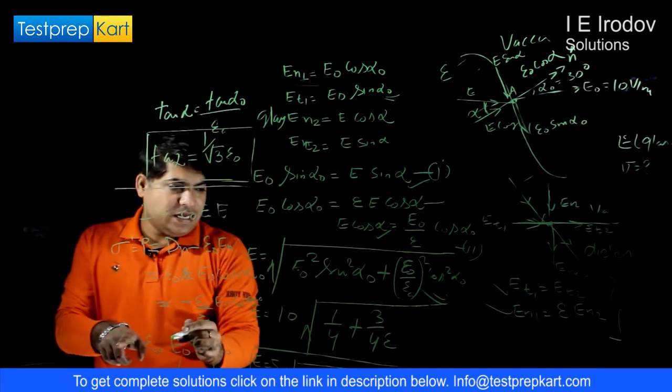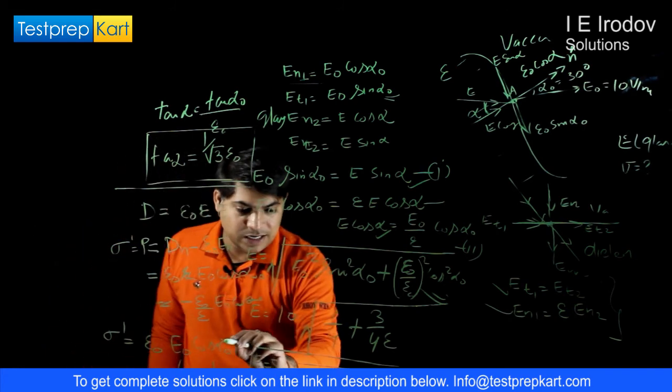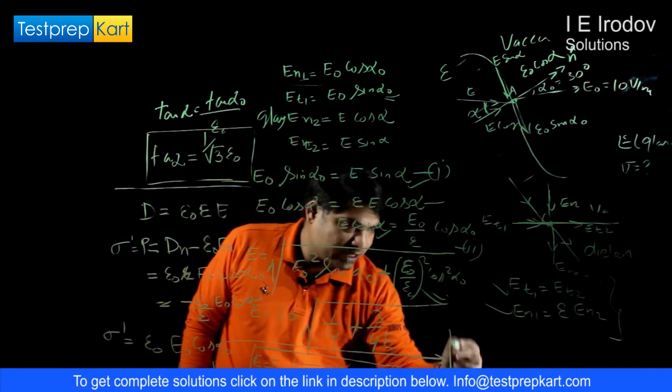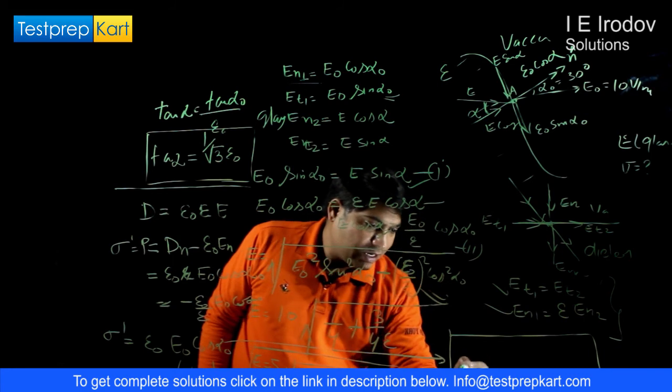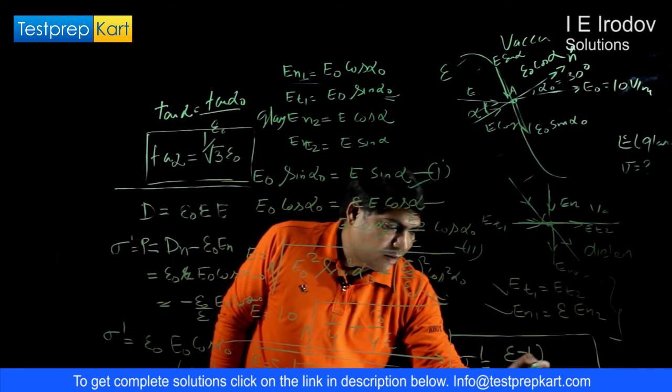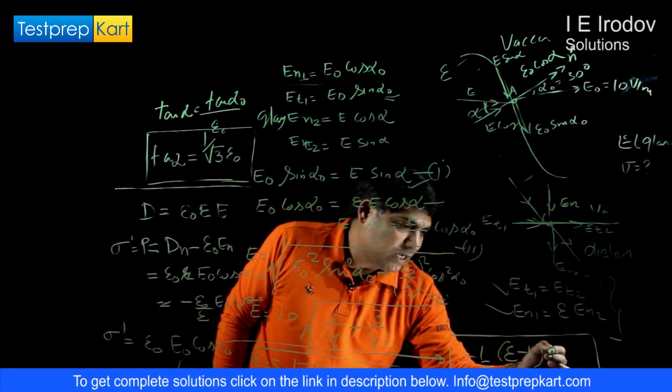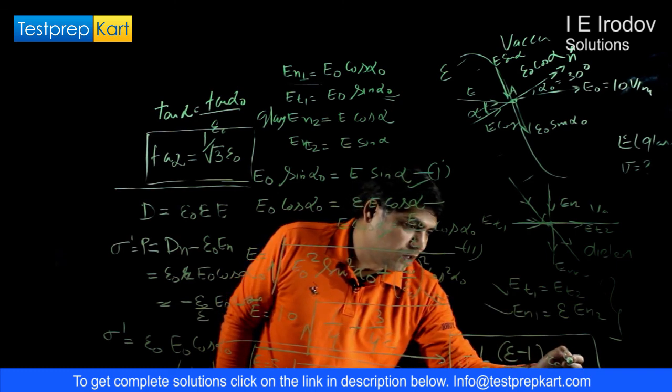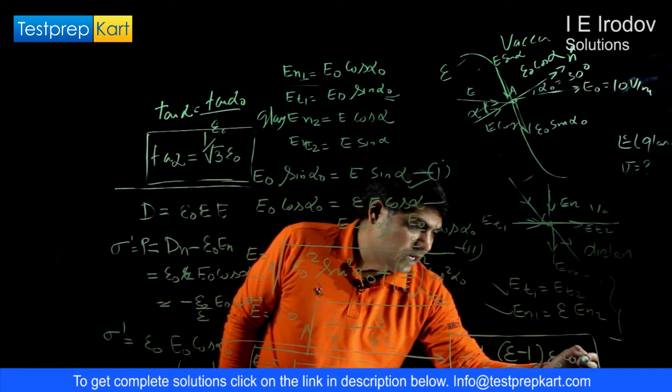By simplifying this expression, we get the bound charge density sigma dash equal to epsilon minus 1 upon epsilon into epsilon naught E naught cos alpha naught.